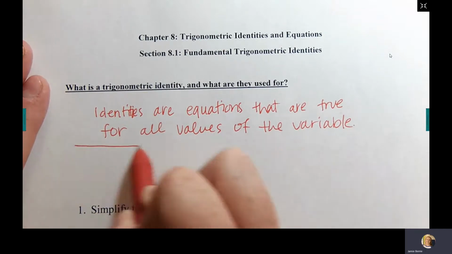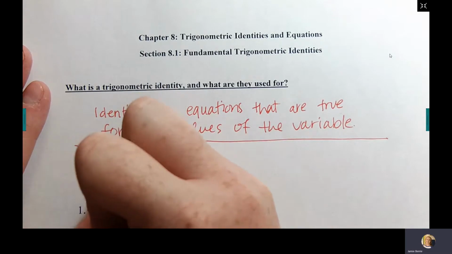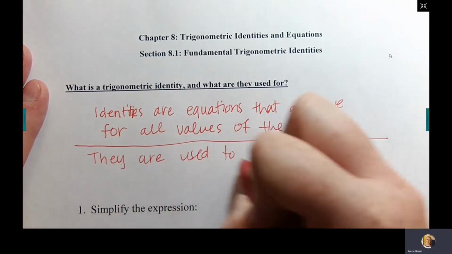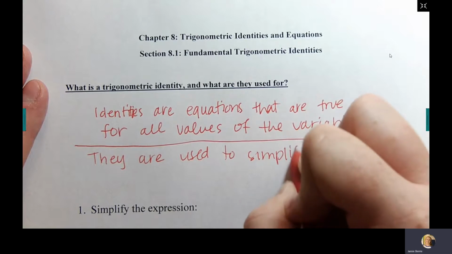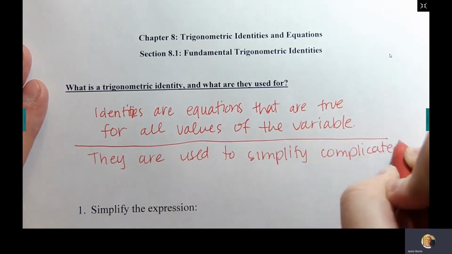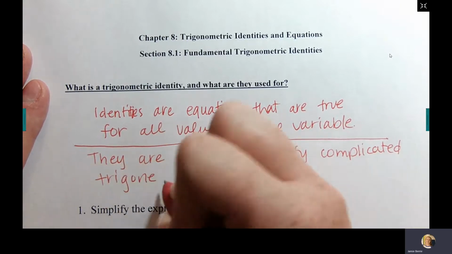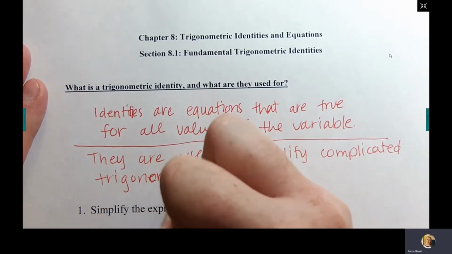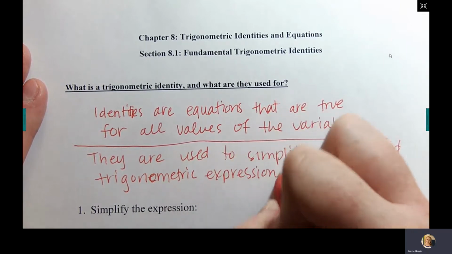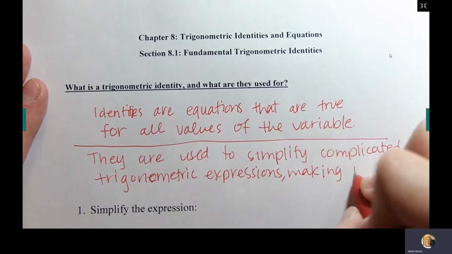Identities are super useful. They are used to simplify complicated trigonometric expressions, which makes it easier to solve equations.